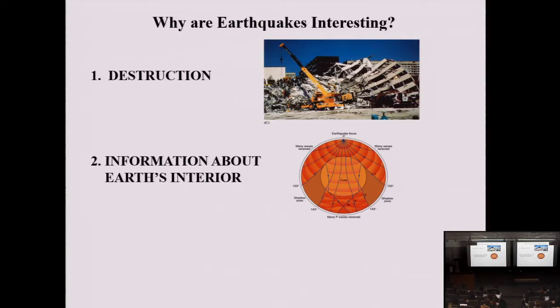It's not what you'd expect. And it took geologists a while to unravel how this is the way that it is. So they gave us valuable information: core, mantle, crust, lithosphere, asthenosphere, mesosphere. We found that out by looking at earthquake waves.